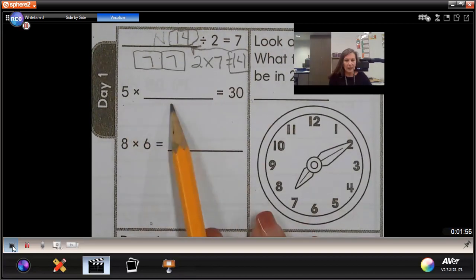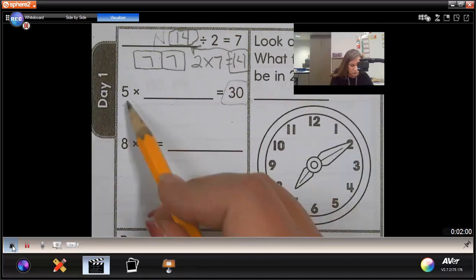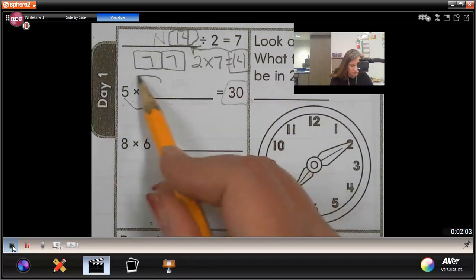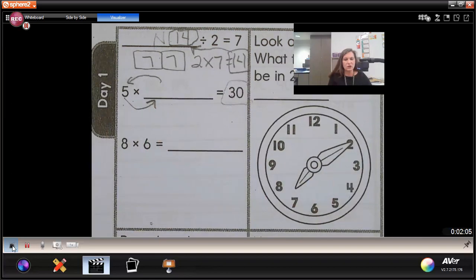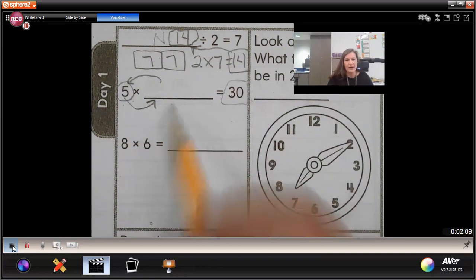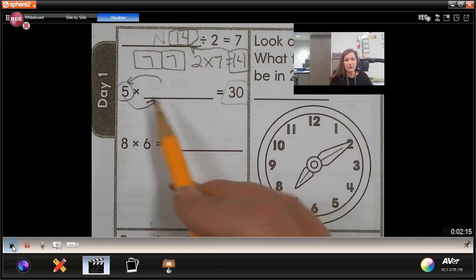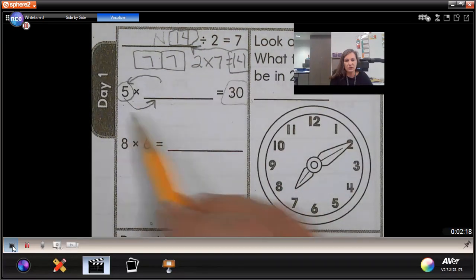5 groups of what is going to give me 30? Now, since we can switch these factors, because that's called the order property of multiplication, we can count by 5s to help us find out how many groups of 5 there are, or we can count by 6s to see how many groups of 6 it takes to make 30.